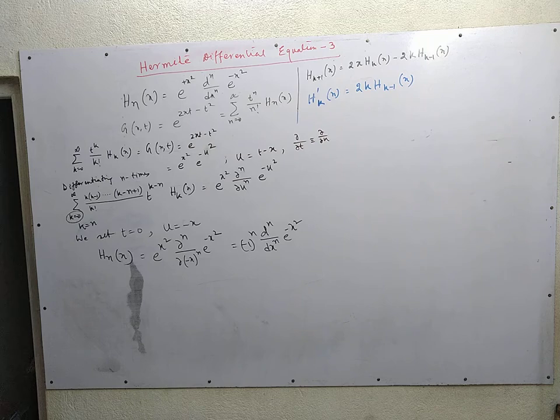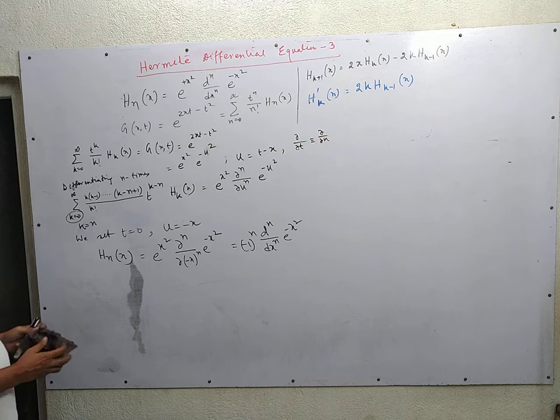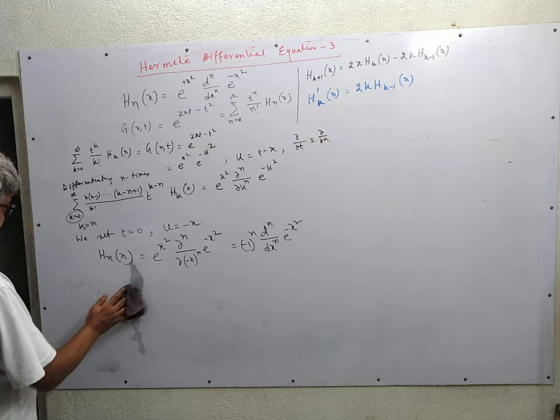In the case of Hermite polynomials, the situation is somewhat different. Here the region of interest extends from minus infinity to plus infinity. And there is another difference: there will be a weight factor appearing in this case. So first let me justify the appearance of the weight factor.